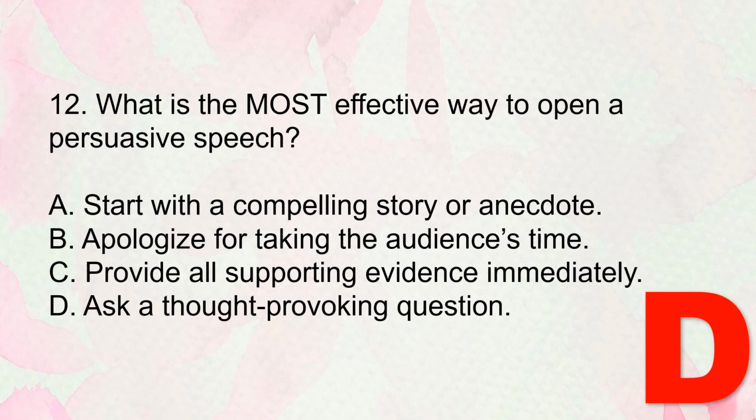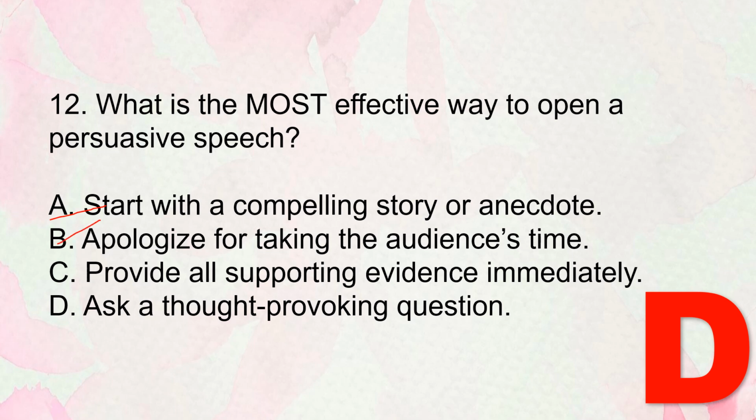The best answer is letter D. The most effective way to open a persuasive speech is to ask a thought-provoking question because these kinds of questions grab the audience's attention and encourage engagement. Letter A is incorrect because a story can be effective, but it may not work universally, not all the time.